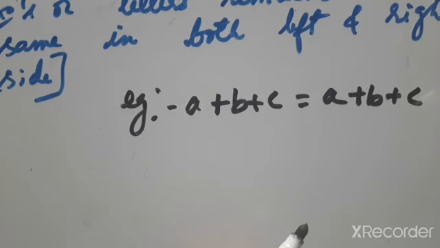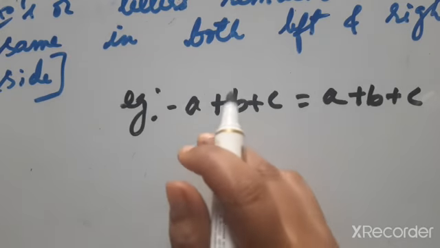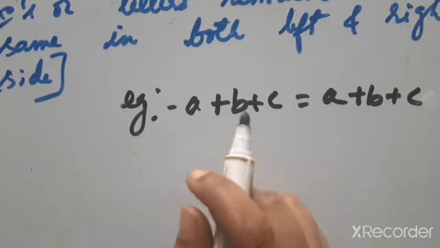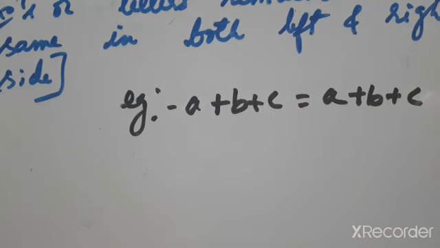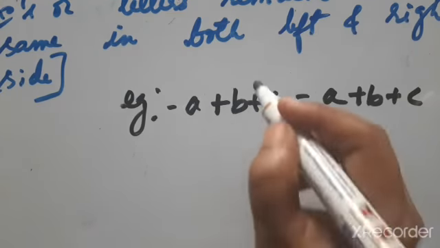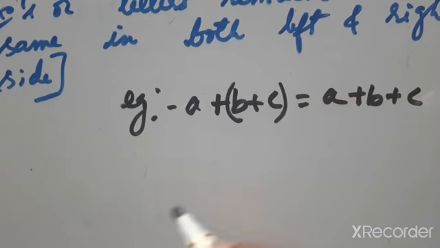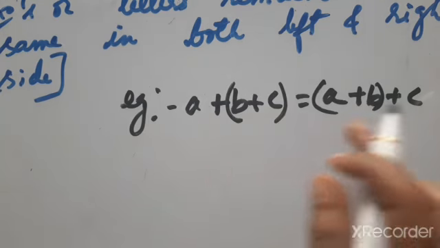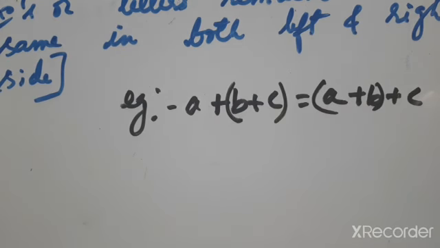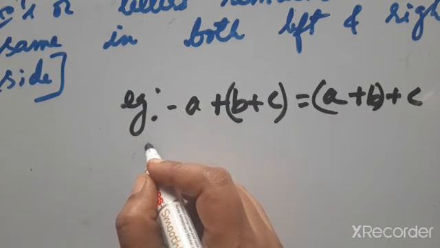How to find which is associative and which is commutative? Most of the time, commutative property is in binomial numbers. Associative property is in a trinomial, the left and right side numbers or letters are the same, and only the bracket changes. If the bracket is on the first two numbers on one side, the bracket is on the second and third on the other. That is the first example.